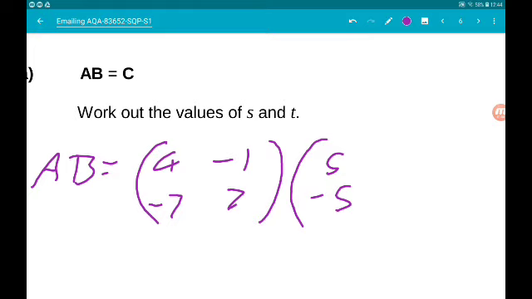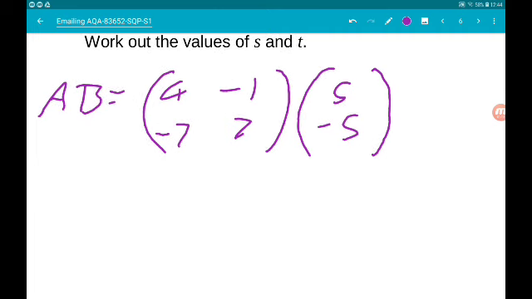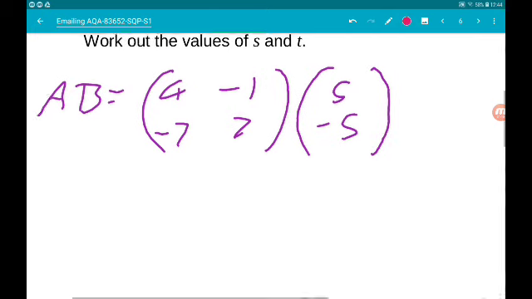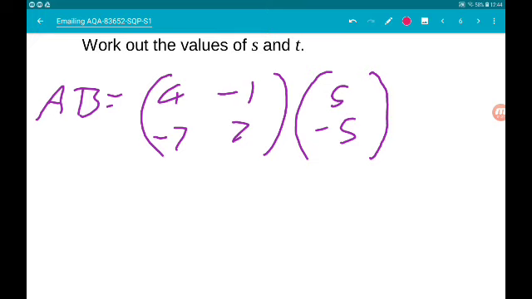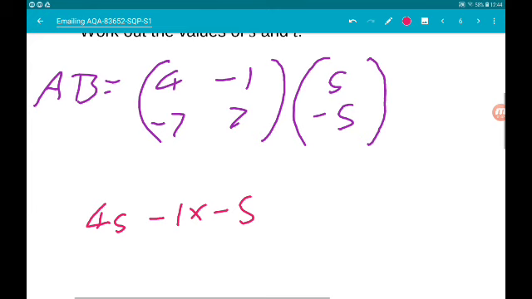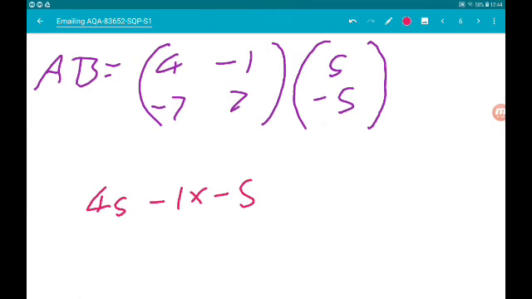Right, so when you multiply a matrix by a vector, what's going to happen is we're going to get 4s minus 1 times minus 5, that's what we're going to get on the top, and then on the bottom we're going to get minus 7s minus 5 times 2.